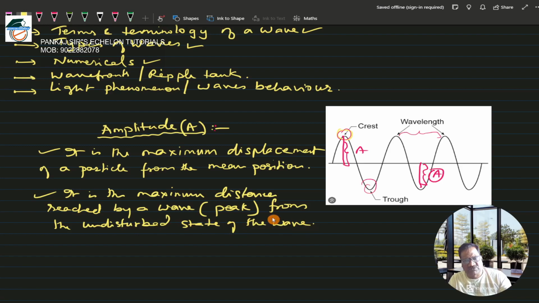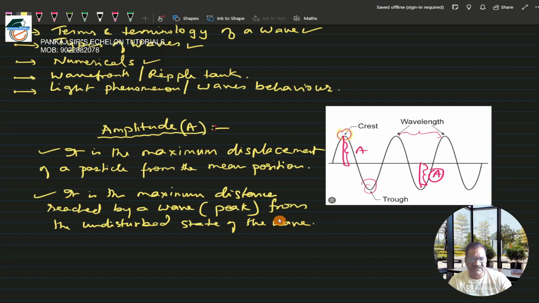This is also a very good definition of amplitude. This is the distance traveled by the peak, or the distance which is reached by the peak. The peak is nothing but a crest. A trough can also be called a peak, but that is in the negative direction, in the downward direction. So it is the distance reached by the wave peak from the undisturbed state of the wave. This horizontal line represents the undisturbed state of a wave, so even this definition will work. So this is the definition of amplitude.